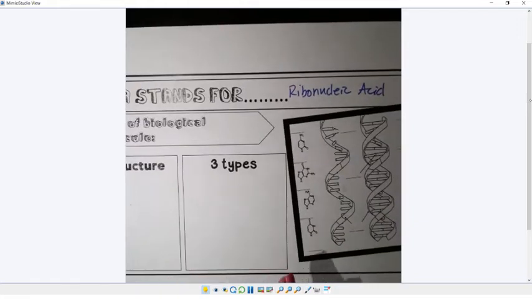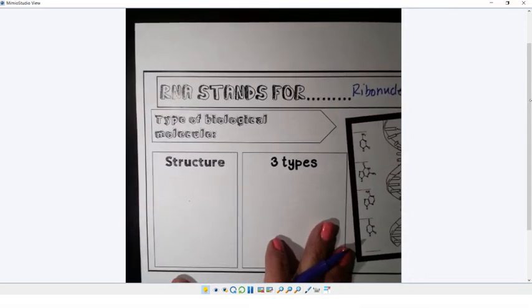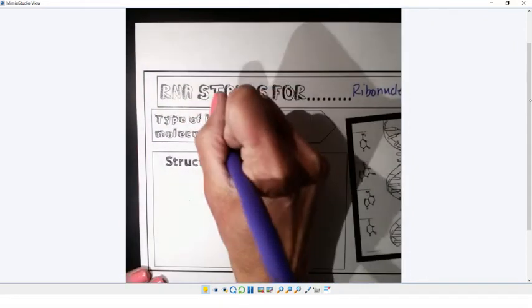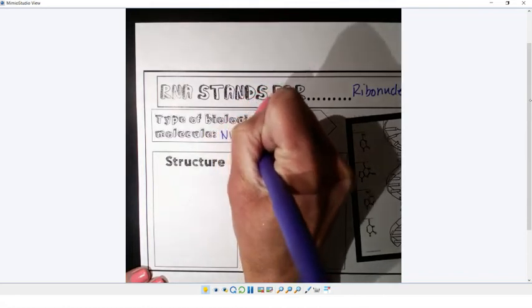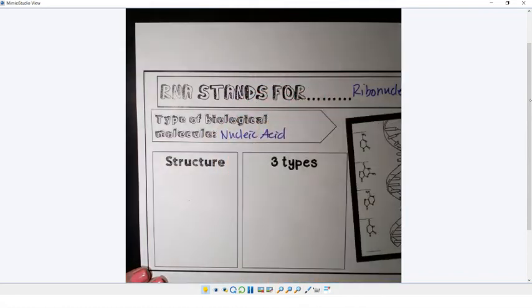This actually comes just like deoxyribonucleic acid. This comes from the sugar that is found in the molecule of RNA. Okay, so type of biological molecule, this is a nucleic acid. There's two types of nucleic acids, DNA and RNA.